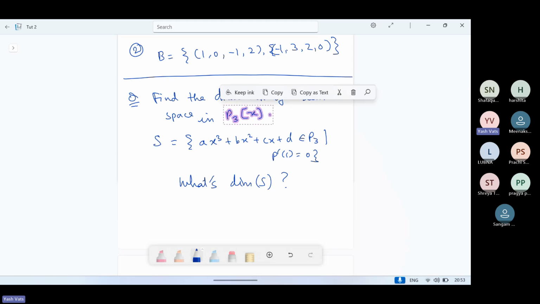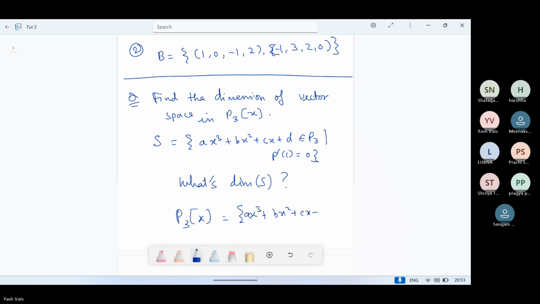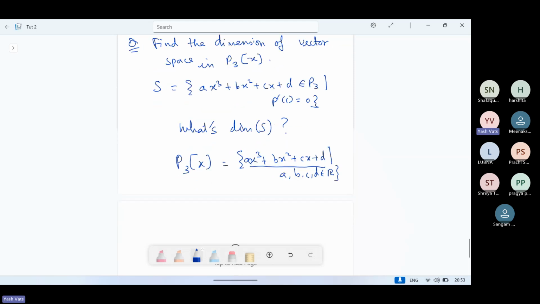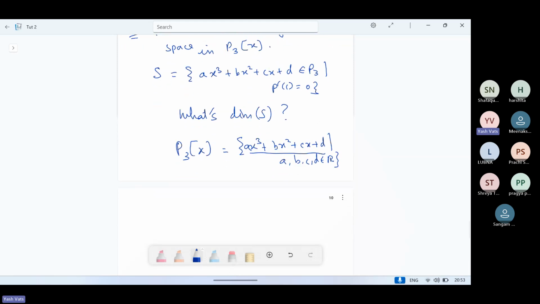What is the dimension of P3x? What is P3x? It is the set of polynomials ax cube plus bx square plus cx plus d, such that a, b, c, d are in R. So this is a set of polynomials which are like this. That is P3x, right? So what's the dimension of P3x?